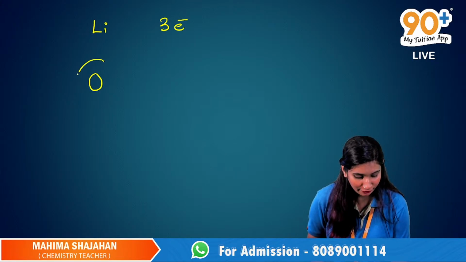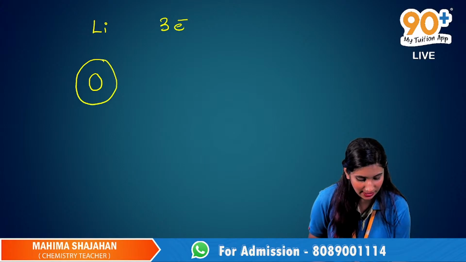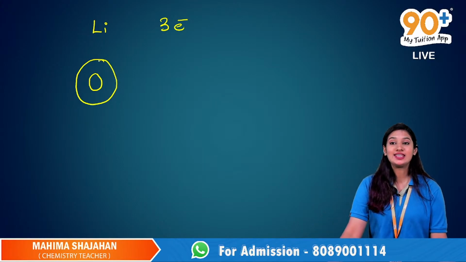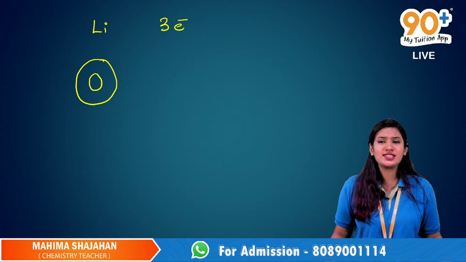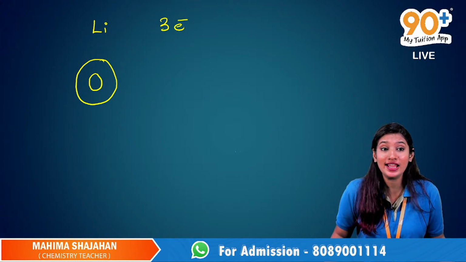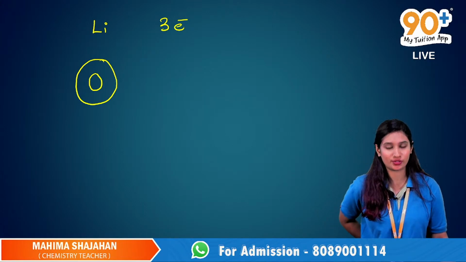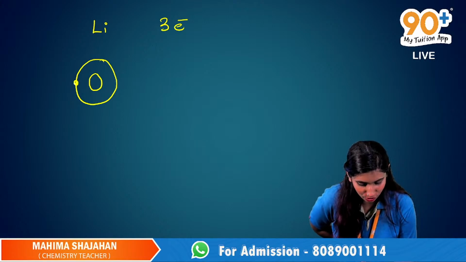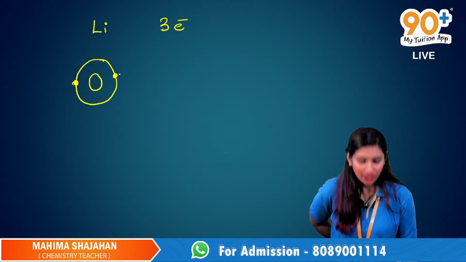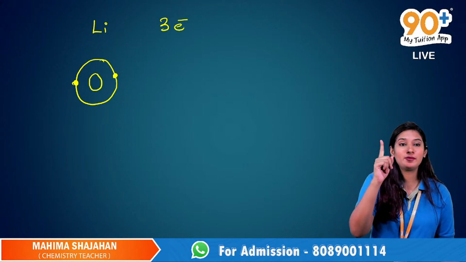Then you will draw the first shell, which is the K shell. What is the maximum capacity of the K shell? It is 2 electrons. So draw the 2 electrons here. But we have 1 more electron.